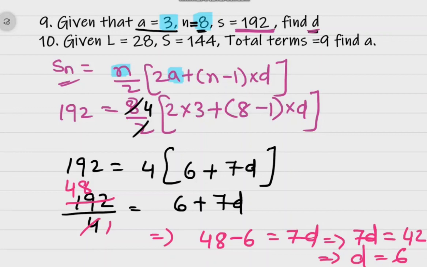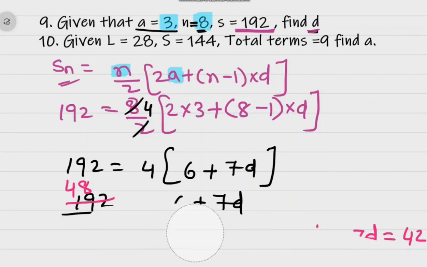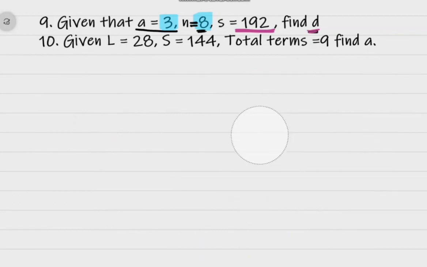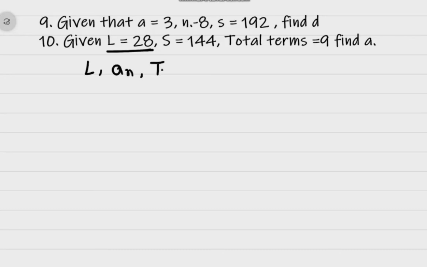Now let's see what is given in question number 10. Okay, I'm just clearing the board. So by that, let's see question number 10. It is given that L is equal to 28. Children, don't confuse. L means last term. In some books it is written as L, in some books as an, and in some books as tl.